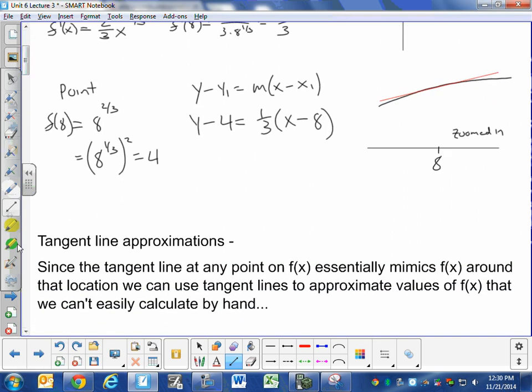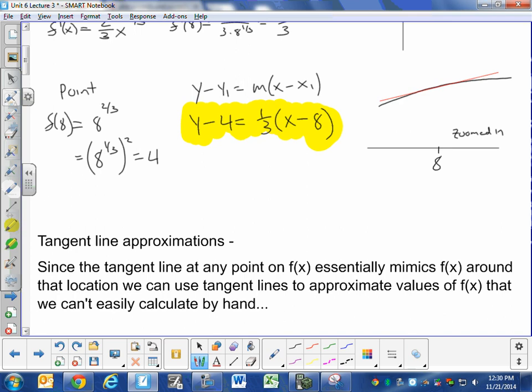Since I know that this equation will mimic my function around the point (8, 4), I can use this equation and I can plug in x's to produce approximations for f of x.